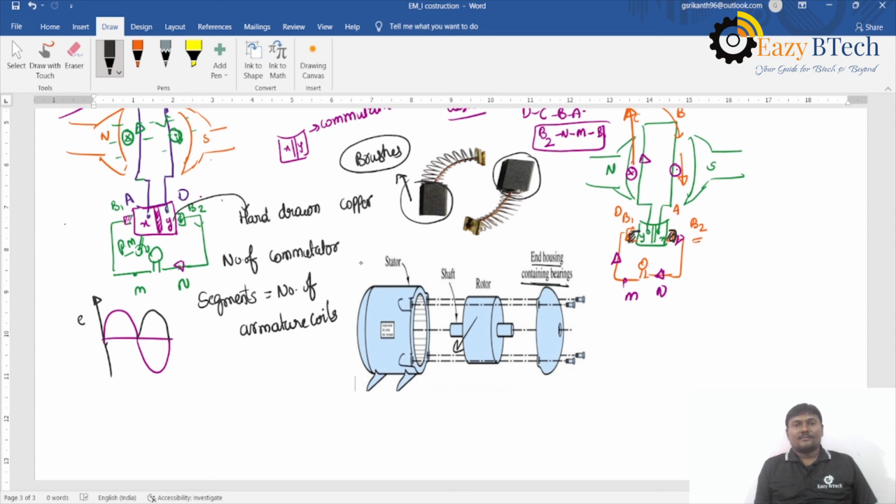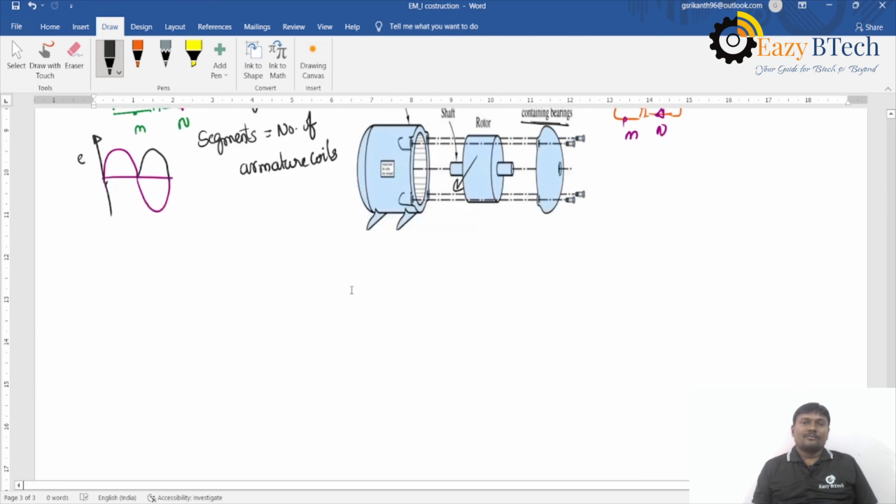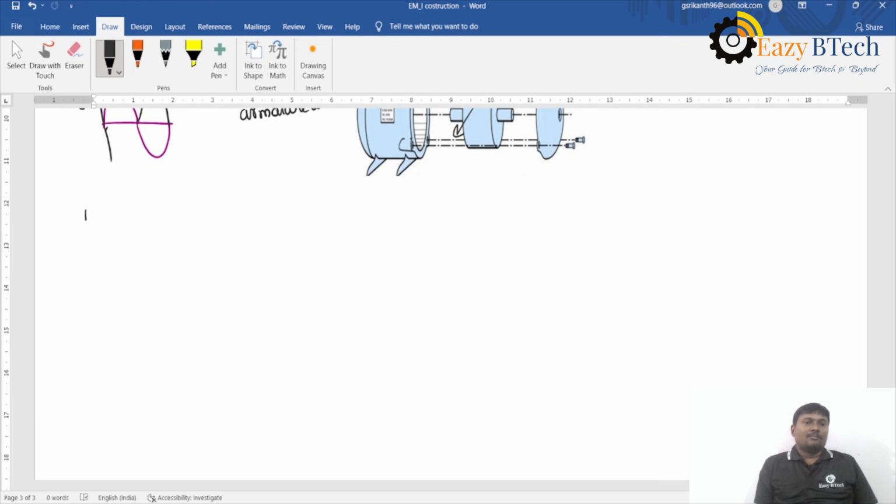See guys, brushes are made up of carbon, and to collect the current from the armature in a generator, we are using brushes, and to give the current to the armature winding for a motor.